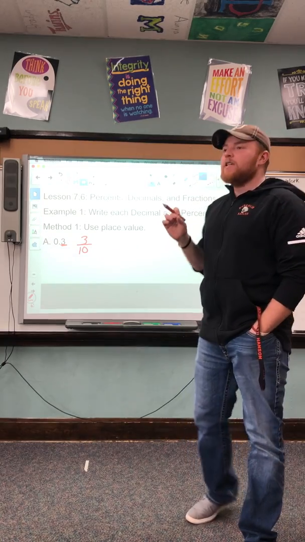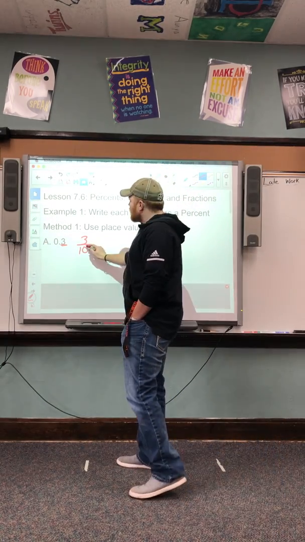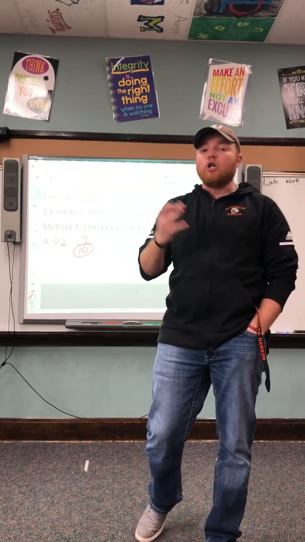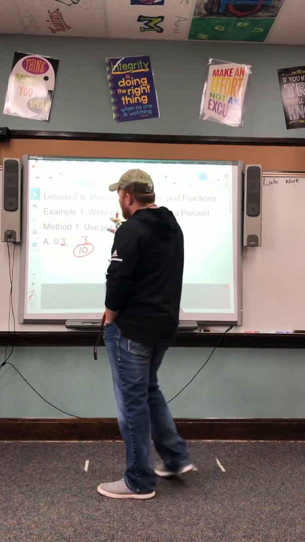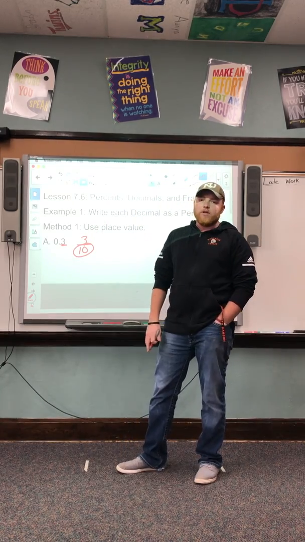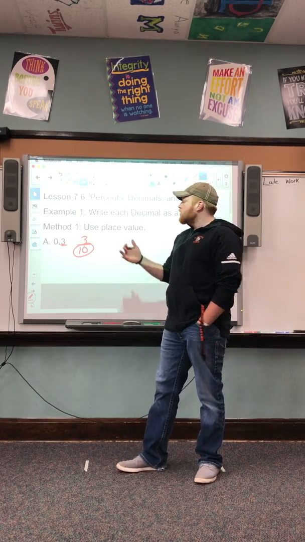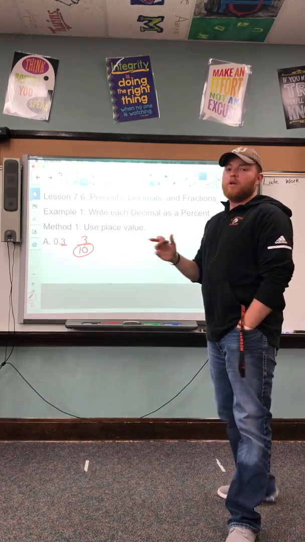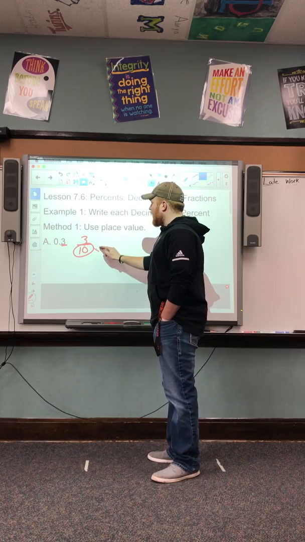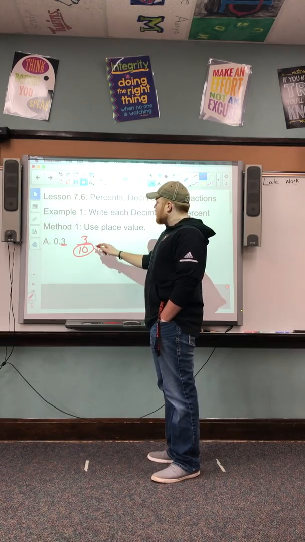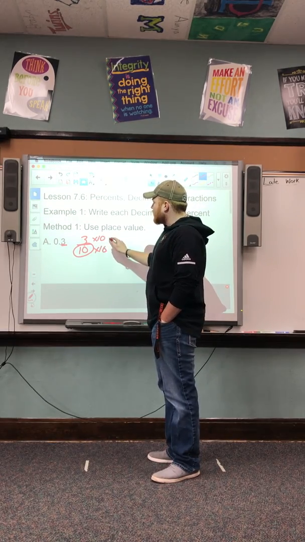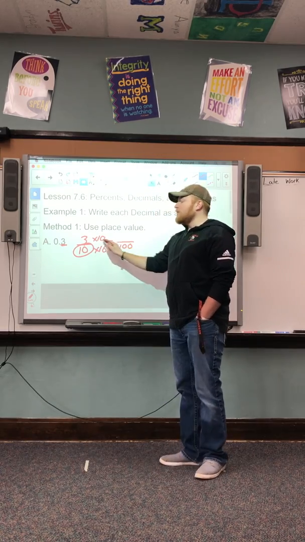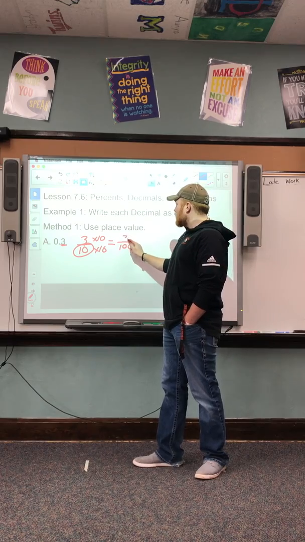Now we have to get this denominator to 100, because remember, percent means per 100. We can't just leave it at 3/10, because then we don't know what percent that is. So how do we get from 10 to 100? We multiply by 10, and if we do that to the denominator, we have to do the same thing to the numerator. 10 times 10 is 100, and 3 times 10 is 30.